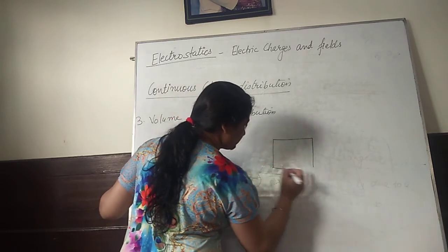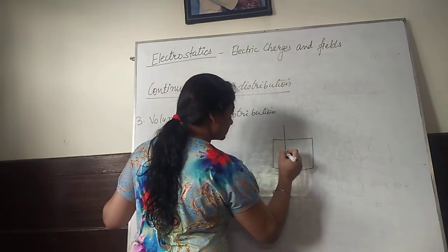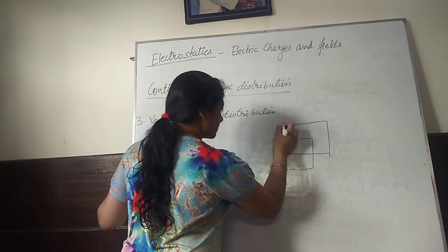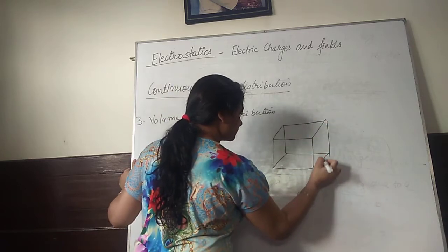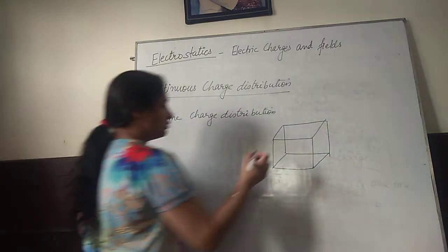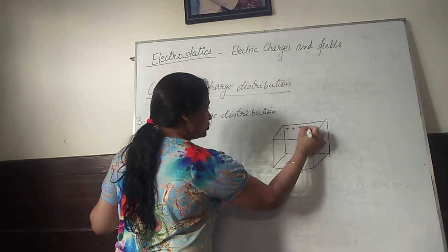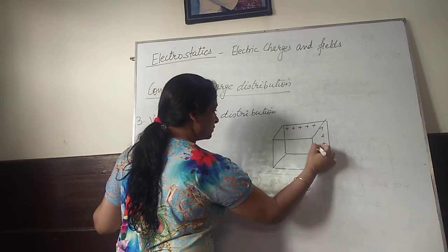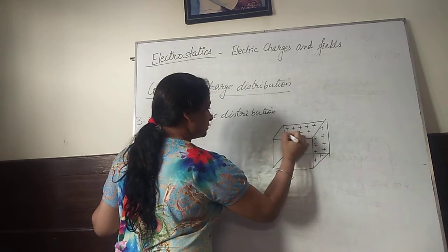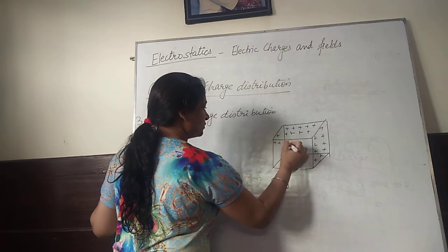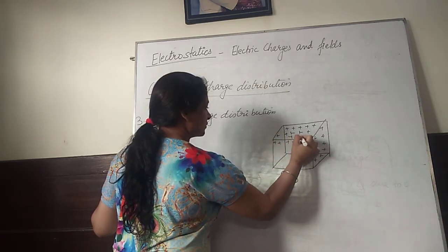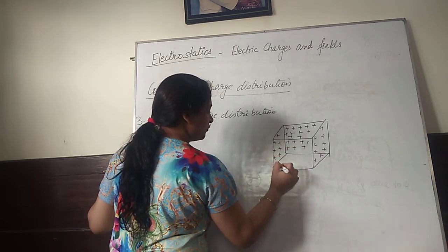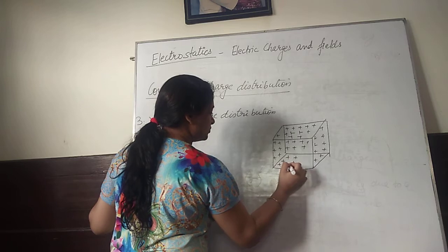We can consider, suppose this is a cube which is having some volume. Now if I distribute some charge uniformly on this volume, then this type of distribution is called volume charge distribution.